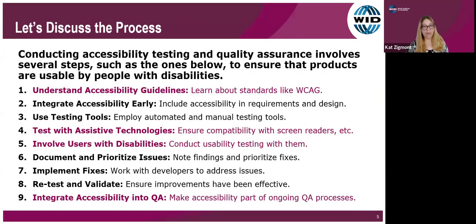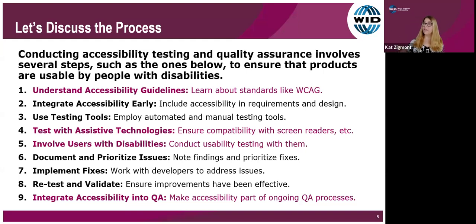Cool. All right, so this is an example of a process. Every company is going to have their own quality assurance processes. This process integrates accessibility. And again, it's an example of what a process should or could look like.